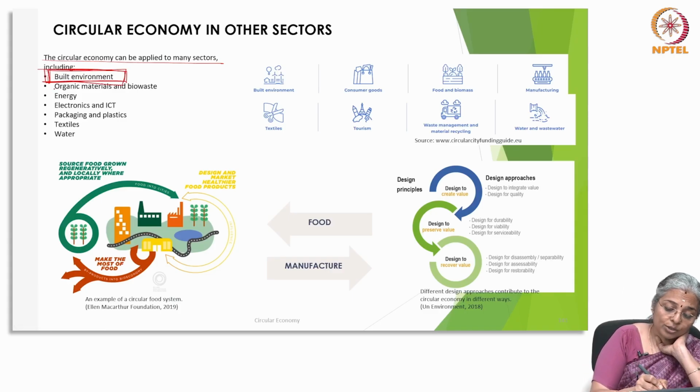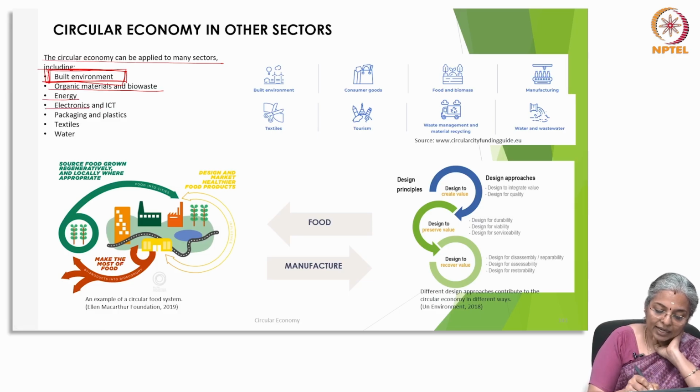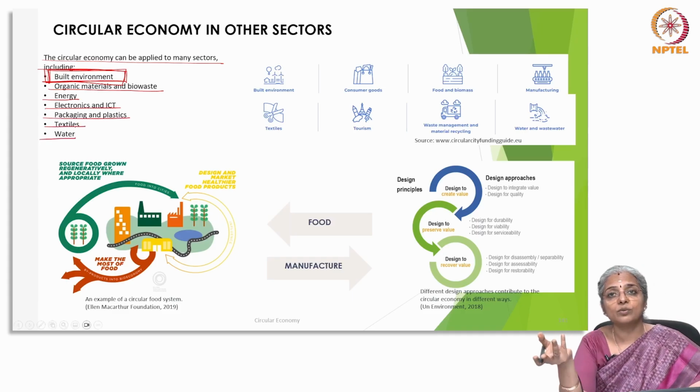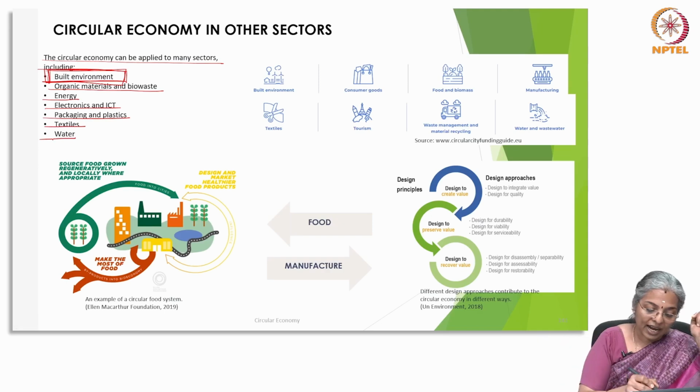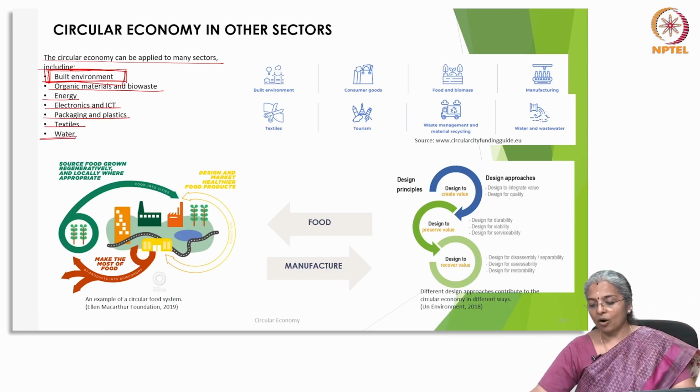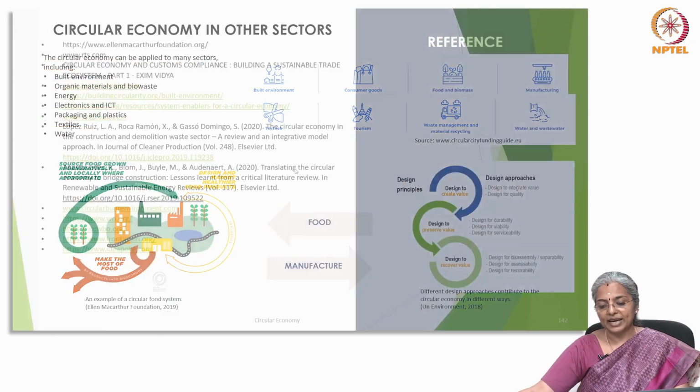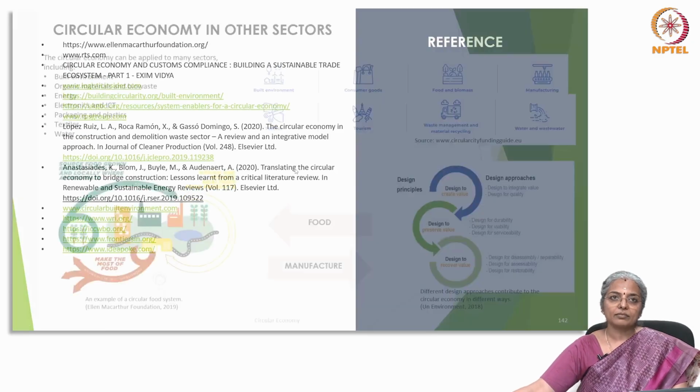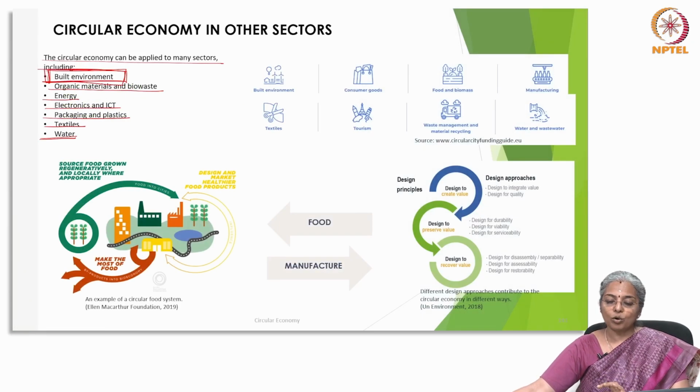But it is also applicable to the organic materials and bio-waste sector, energy sector, electronics and ICT sector, packaging and plastic sector, and the textile industry. So much of clothes we just discard like that. And water as well. Largely, it is applicable to most resource-based sectors.